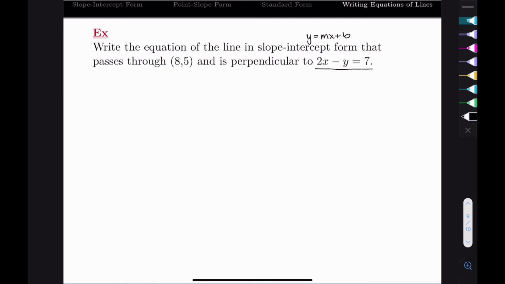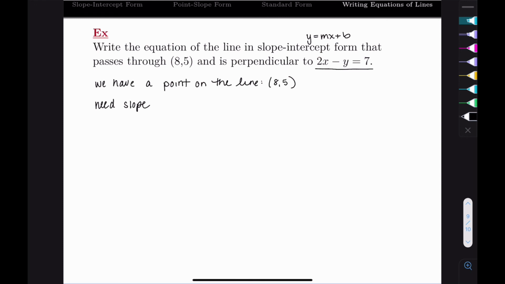So to create my equation, I need a point, which I've got, but I need the slope. So we have a point on the line. That's going to be 8, 5. But we need the slope still.